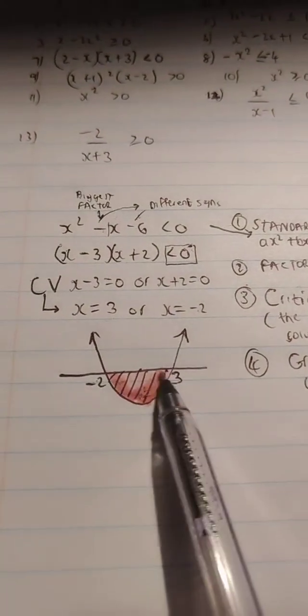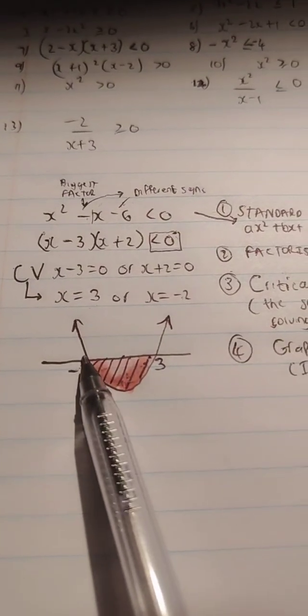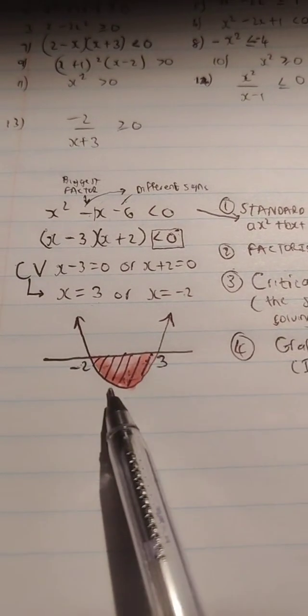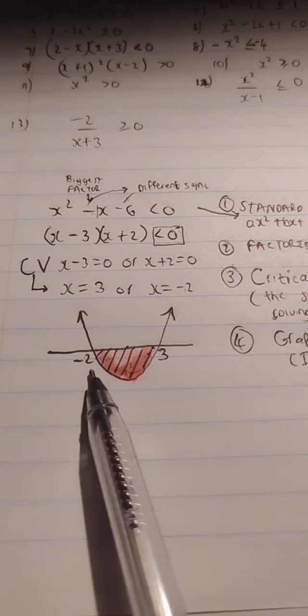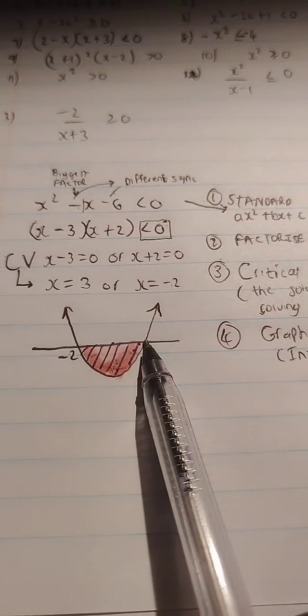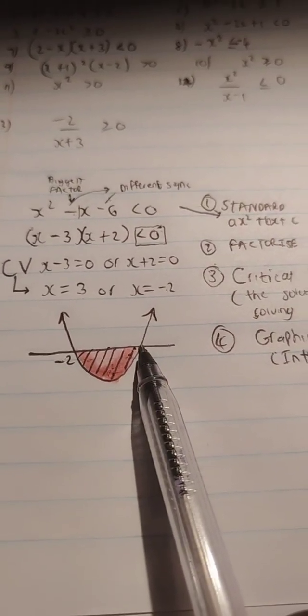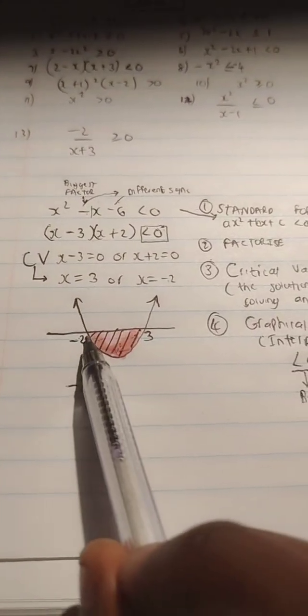Which x values then tell us where y is negative, or in other words, where y is below the x-axis? We can see it's from -2 all the way to 3. So I'm going to say it's where x is greater than -2.